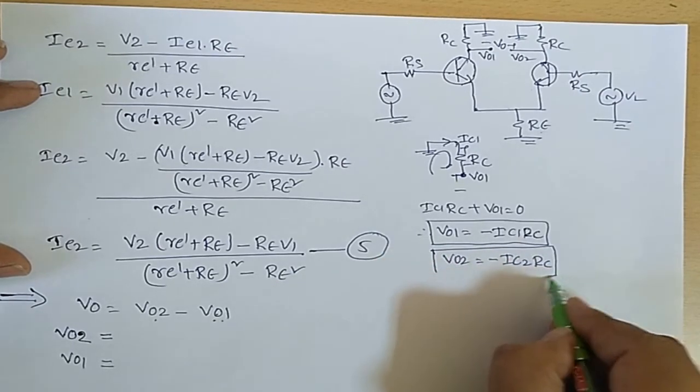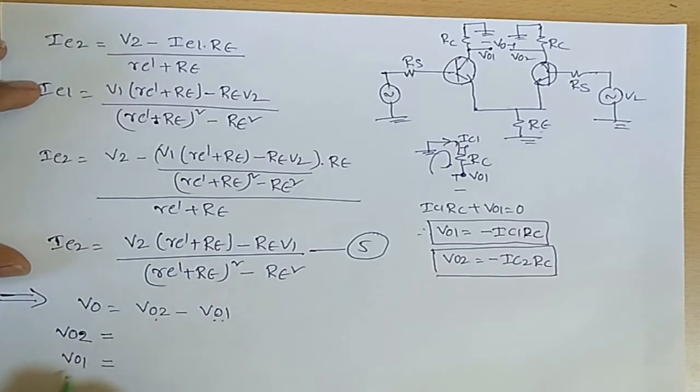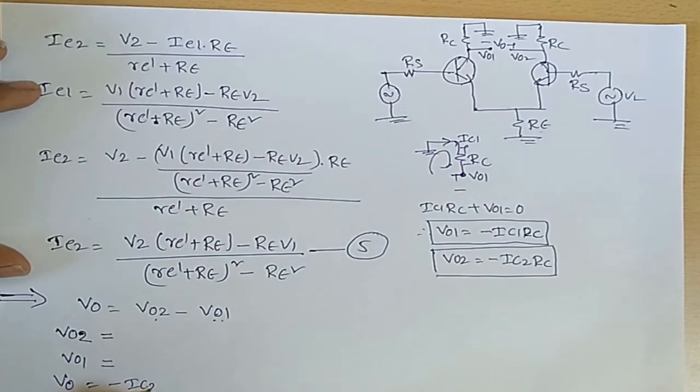Now these two equations we are substituting in this equation, that is VO equal to VO2 minus VO1, that is minus IC2 into RC minus, minus of minus means plus, IC1 into RC.